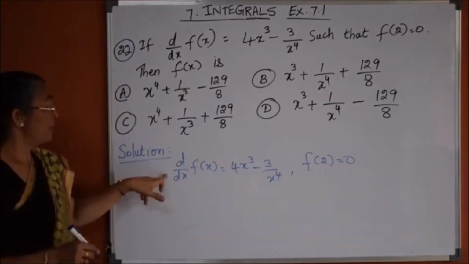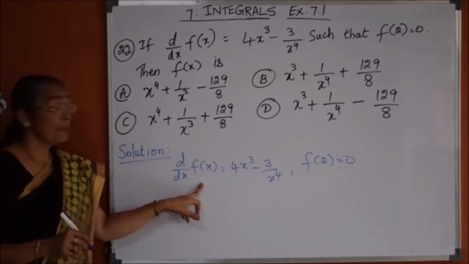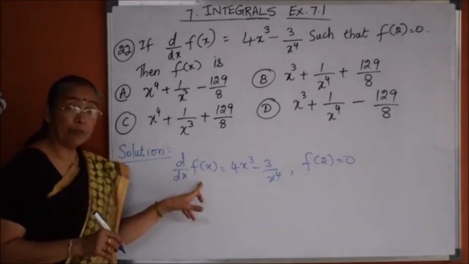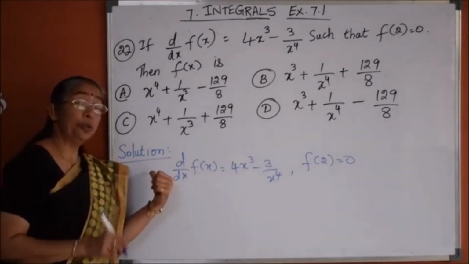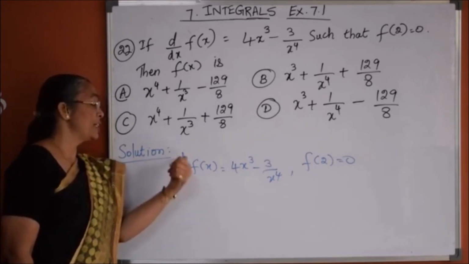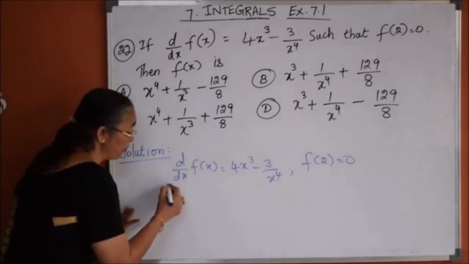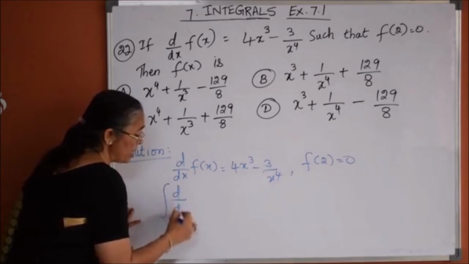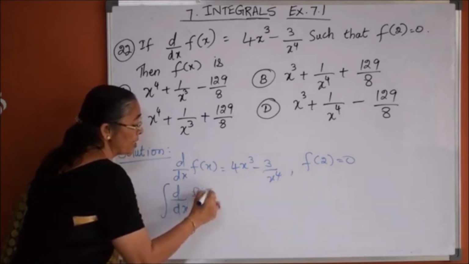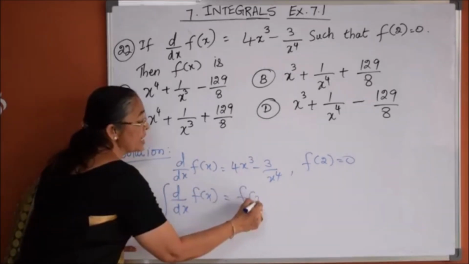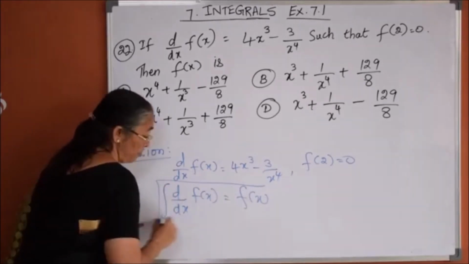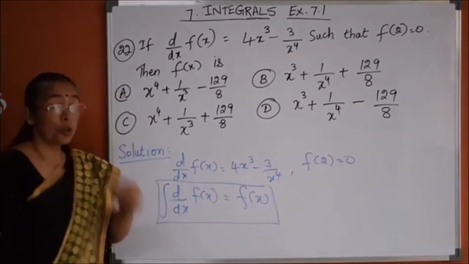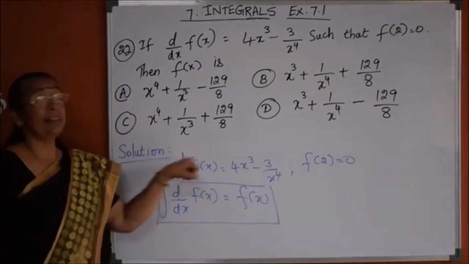Now, differentiation of f of x is given. So, to get f of x, we do the integration of this function. Integration of d by dx of f of x is nothing but the function itself, f of x. So, we have to integrate this function.